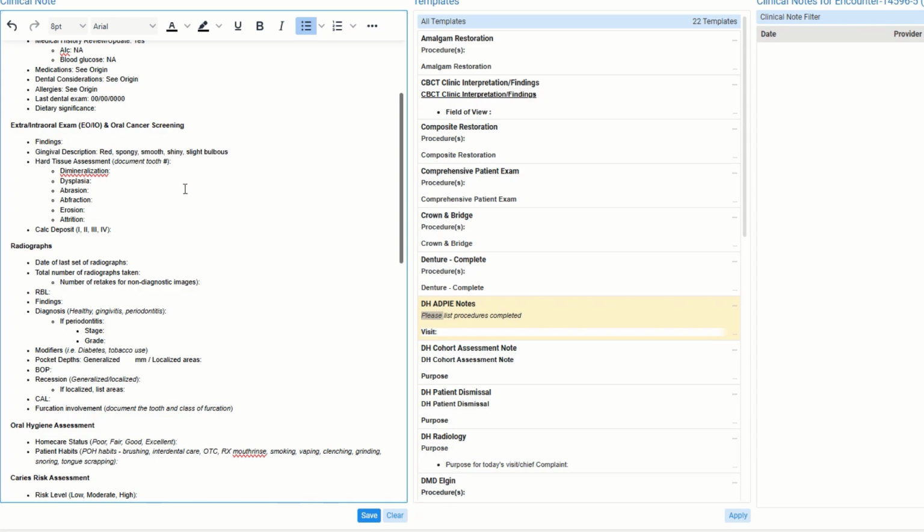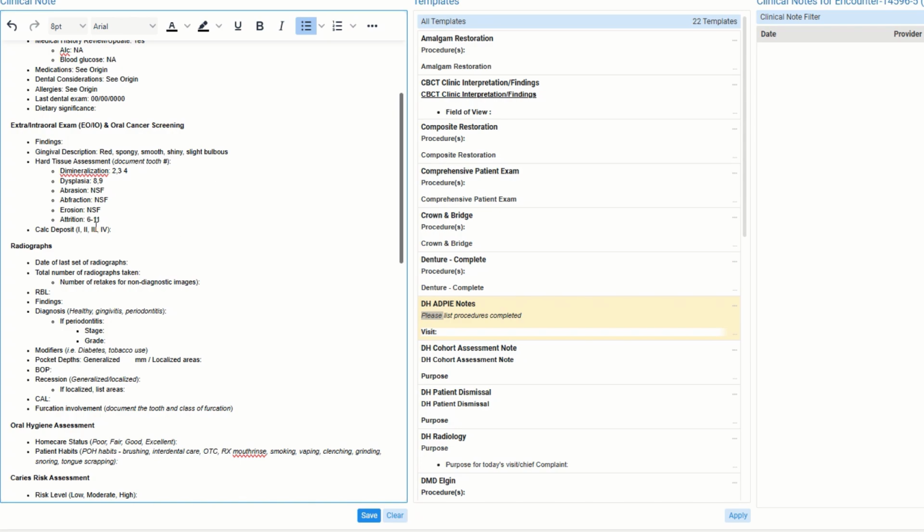And then for hard tissue, this is where we want you to document the actual tooth numbers, okay? So maybe it is demineralization on number 2 and number 3 and number 4, maybe dysplasia on 8 and 9, abrasion, maybe they don't have anything, so non-significant findings, or NA, abfraction, non-significant findings, erosion, NSF, and then attrition, maybe 6 through 11.